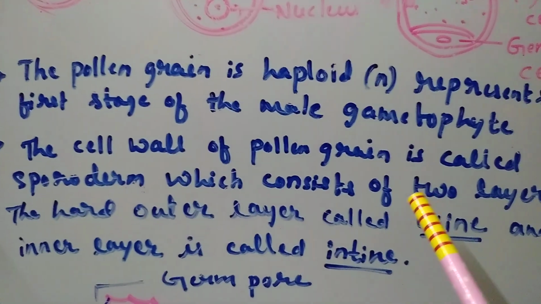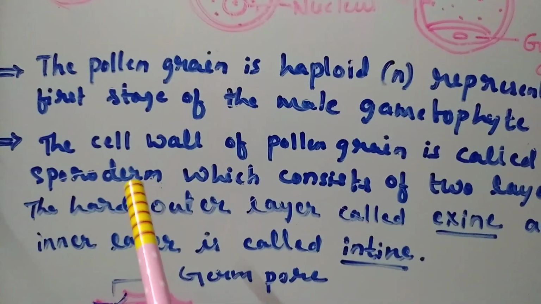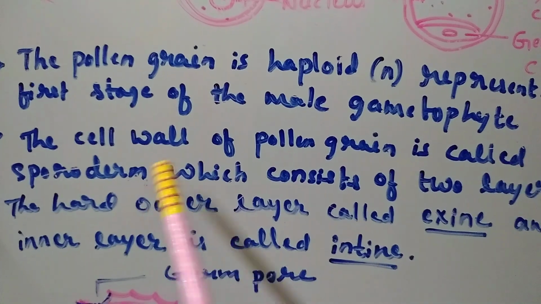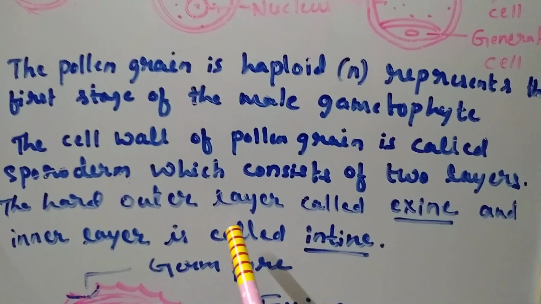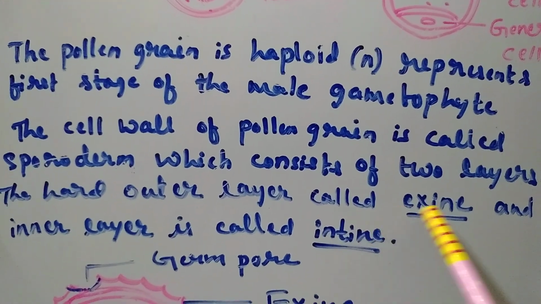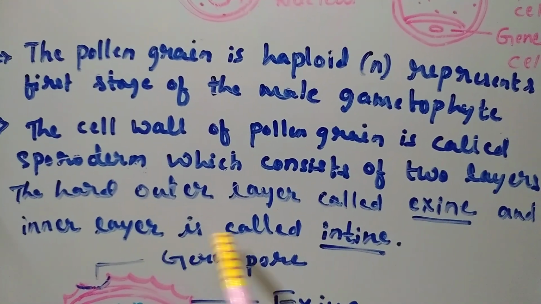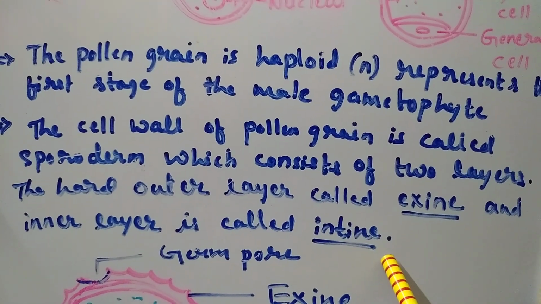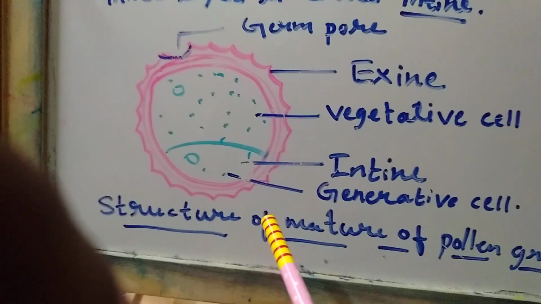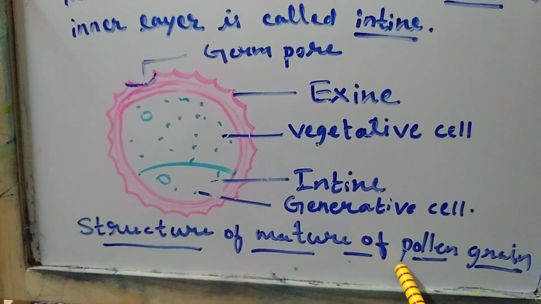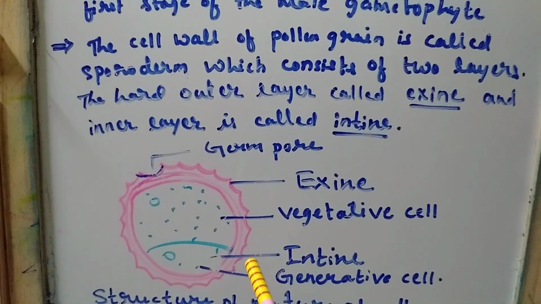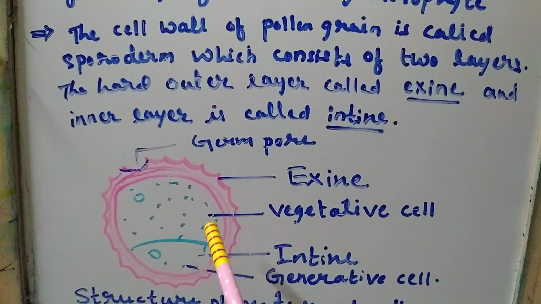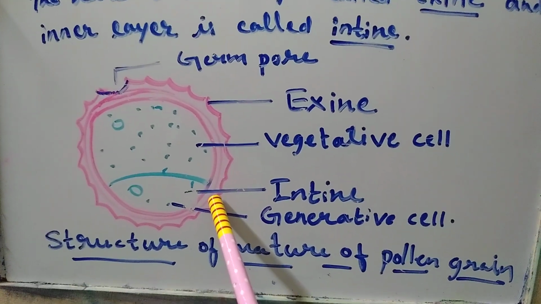The cell wall of pollen grain is called sporoderm, which consists of two layers. The hard outer layer is called exine and the inner layer is called intine. If you see the structure of this mature pollen grain, the cell wall is known as sporoderm.